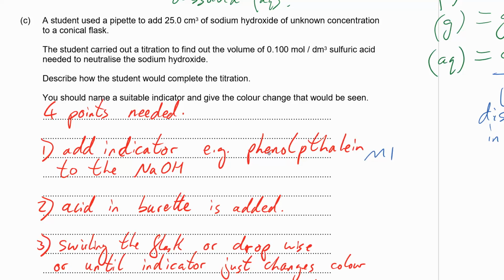You need to name an indicator, and this could not be universal indicator. We don't use universal indicator in a titration because, big no-no, it doesn't have a clear color change. Universal indicator gradually changes from red to orange to yellow to green, and so forth. It's not used in titration.